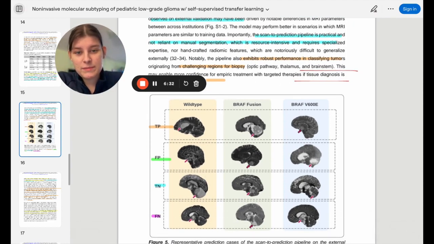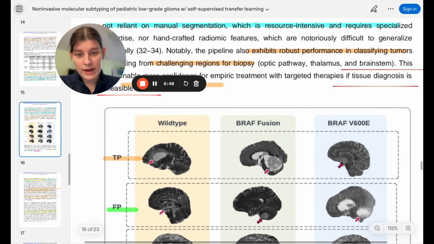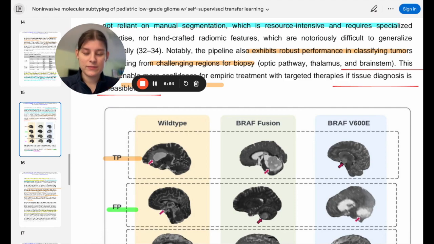But again, because it's more practical, since it doesn't rely on any manual segmentation, it is so much more feasible for clinical settings, with so many other opportunities for treatment options. And what I found really interesting here is not only does it perform with similar accuracy on the internal and the external data sets, it is also able to perform highly and be reliable for classifying tumors in neuroanatomical regions that are more challenging for an intraoperative biopsy.